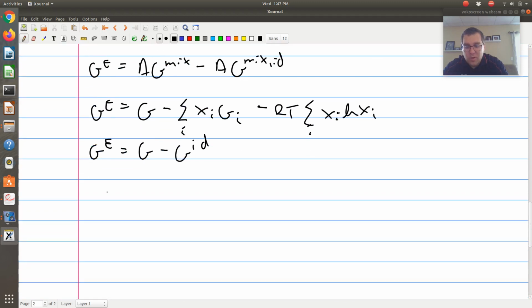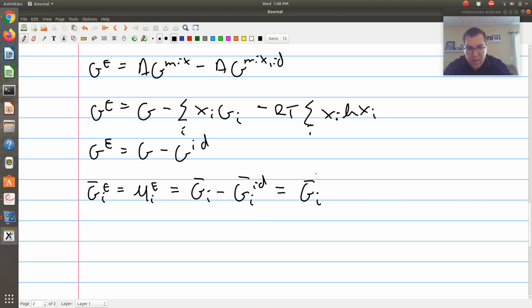So one option would be my partial molar excess G, which I'll point out is equivalent to my excess chemical potential, would be equal to actual relative to that of an ideal solution. Well, that would be G bar i.